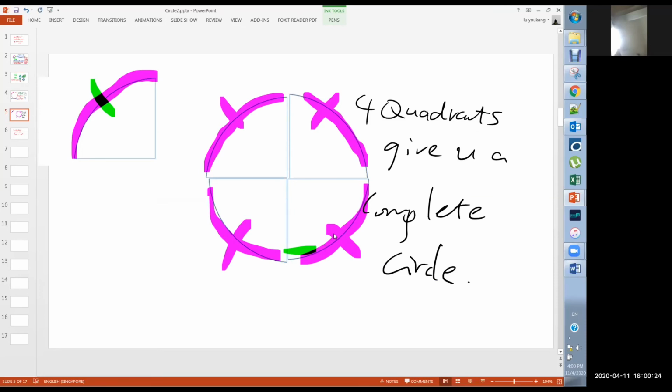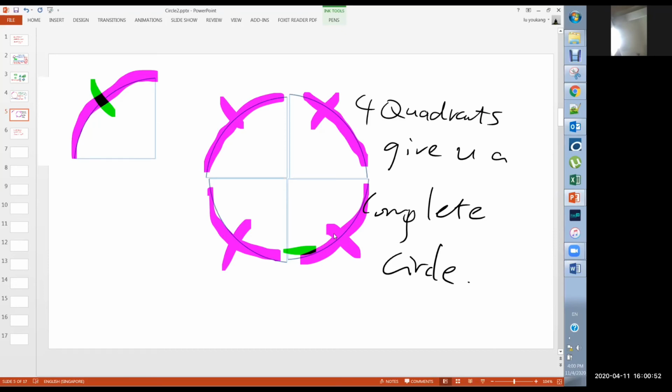So the purple line is also part of the circle. Yeah, it's a part, but how much? I'll ask you how much.